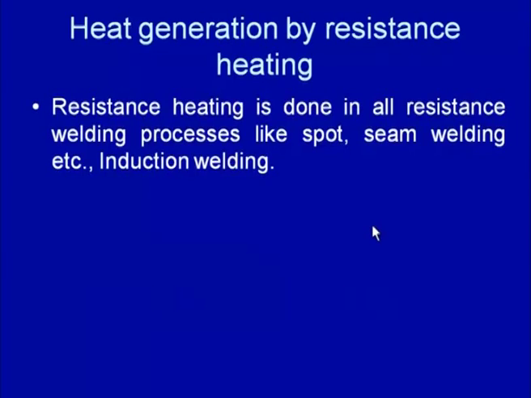So, first of all we will see how heat is generated by the electrical resistance heating approach, and what are the various factors that affect it. This approach is mainly used for developing the weld joint using resistance welding processes like spot welding, seam welding, flash butt welding, stud welding, etc.